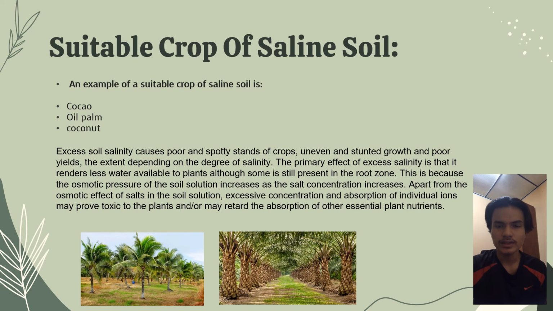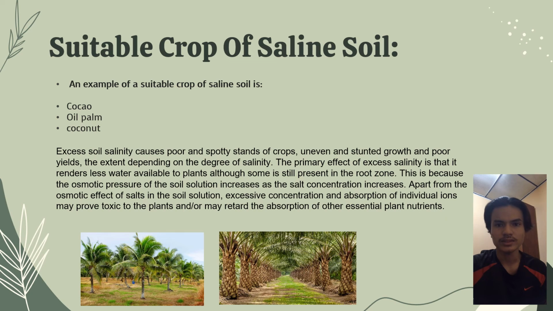Excess soil salinity causes poor and spotty stand of crop, uneven and stunted growth, and poor yield, the extent depending on the degree of salinity. The primary effect of excess salinity is that it renders less water available to plants, although some is still present in the root zone.